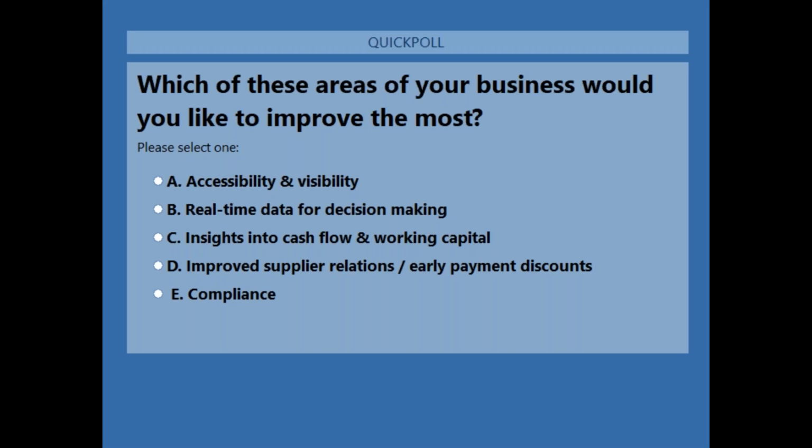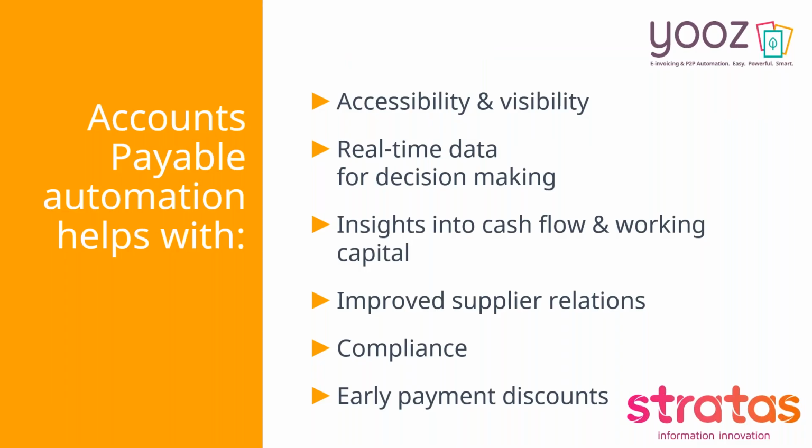So accessibility and visibility for sure, but then drilling down into those documents based on every single word in them is something that personally I think is a very special function that is only within Yooz. I think that reflects this department and the tasks in the AP world very well, because let's now close out the poll question and we'll see these very interesting results.